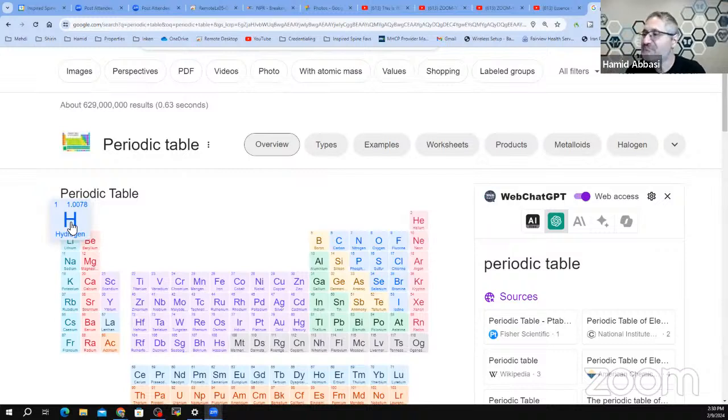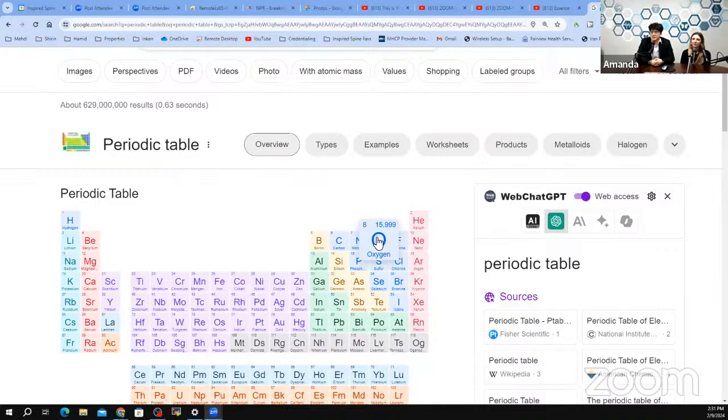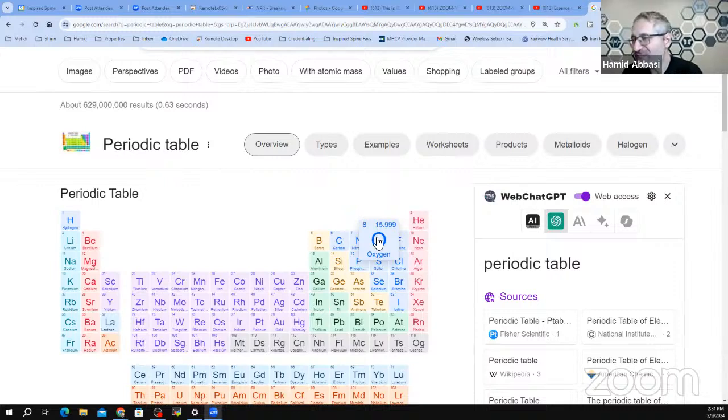But when they measured, let's look for oxygen here. Remember we talked about the atomic weight of oxygen? Yes. It's 16. But its periodic number is 8.